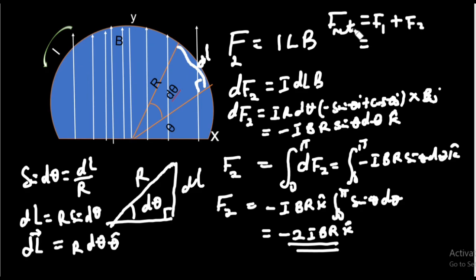F1 we got as 2IBR in the direction of k, and F2 we have as minus 2IBR in the direction of k. Now see that this is 0. So the magnetic force on a semicircular loop having this straight segment is 0.